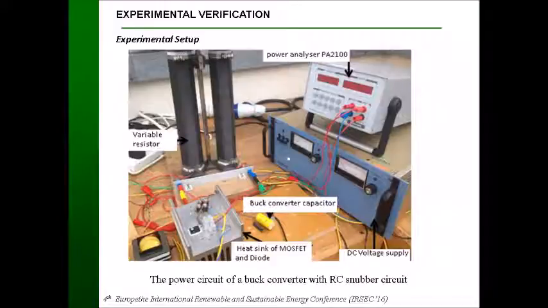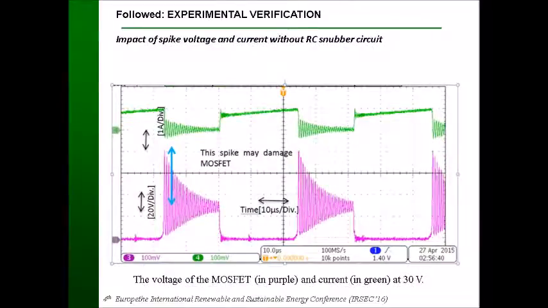Firstly, we need to guarantee the buck converter works correctly and operates safely. As you see in this slide, I will show you how to measure the current and the voltage over the switch when the RC snubber circuit is not used.